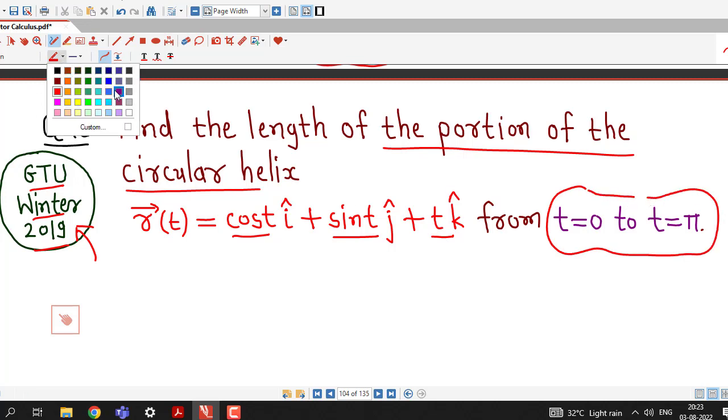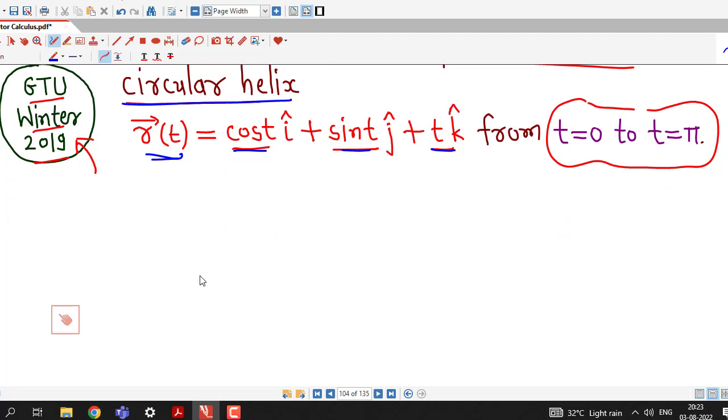Here we are already given our curve in parametric representation, and this curve is known as a circular helix, and we have to find the length of this circular helix from t equal to 0 to t equal to pi.